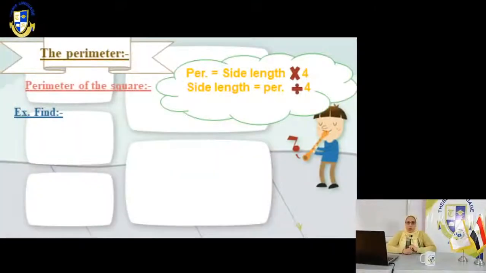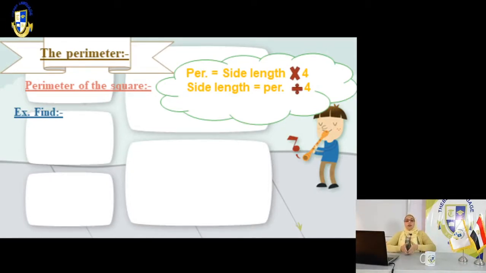Okay, but now we are big enough to know that we have a rule to get the perimeter of each shape. So, at first, what is the perimeter of a square? We took it also in primary 3. The perimeter of a square equals the side length times 4, because all the sides of the square are equal.